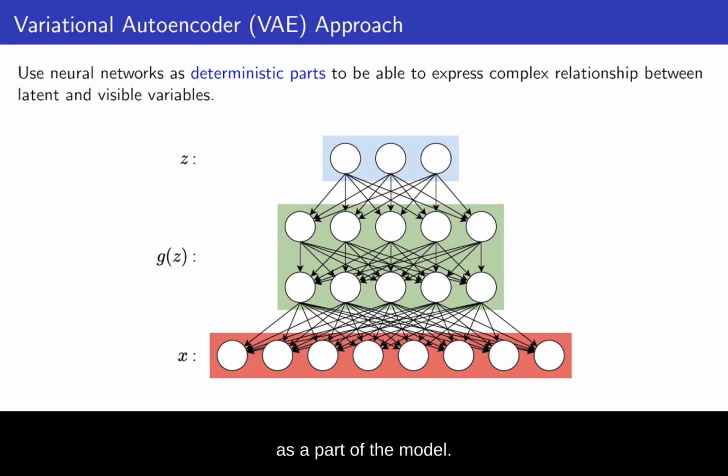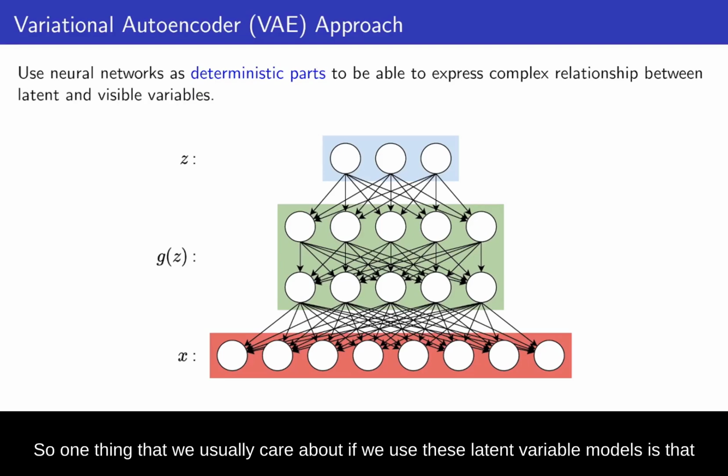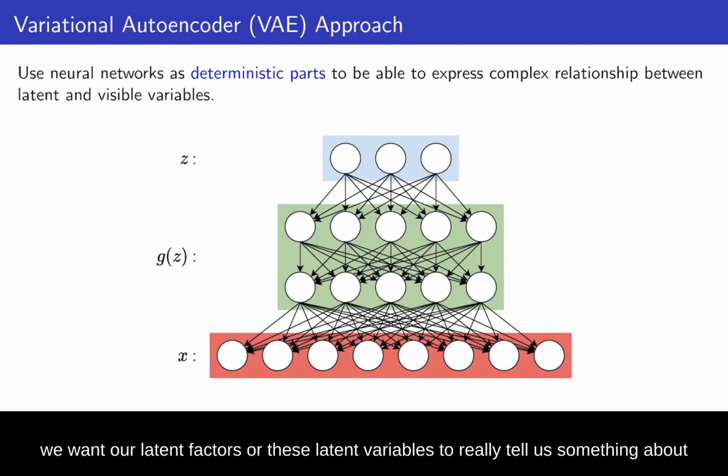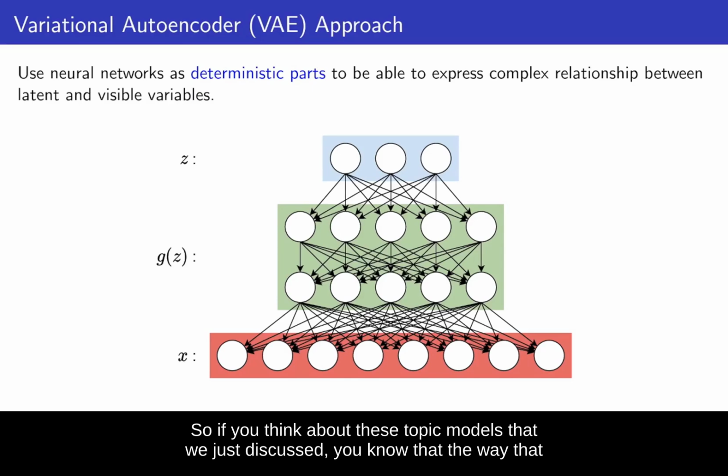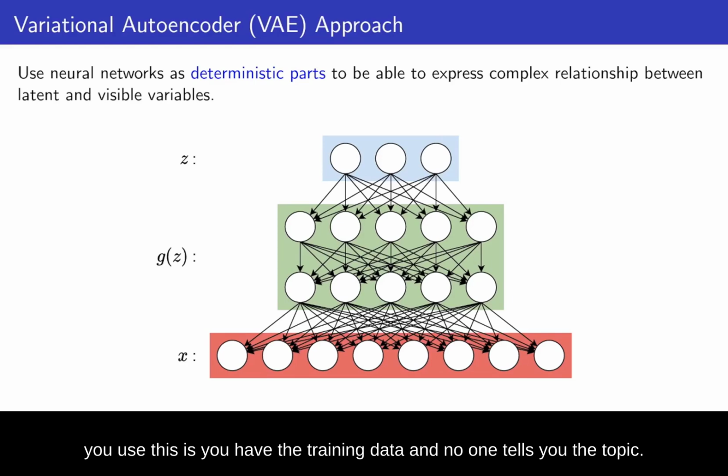One thing that we usually care about if we use these latent variable models is that we want our latent factors, or these latent variables, to really tell us something about the data. If you think about these topic models that we just discussed, the way that you use this is you have the training data and no one tells you the topic.